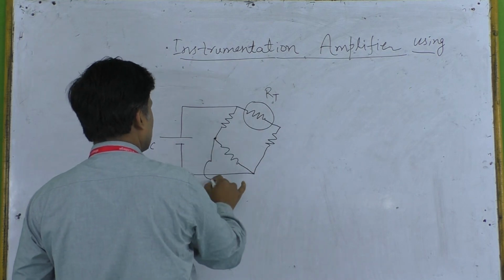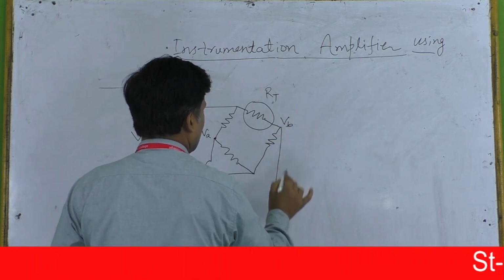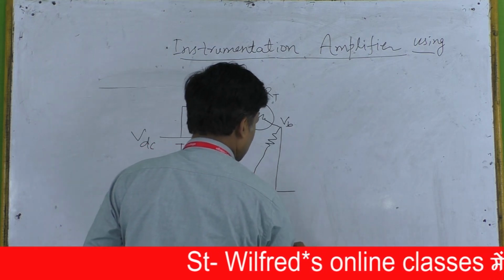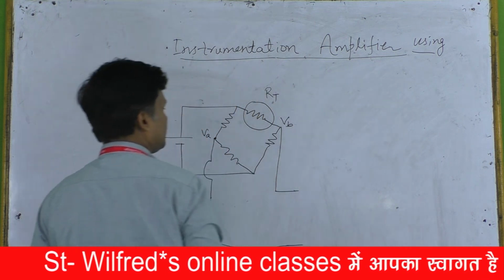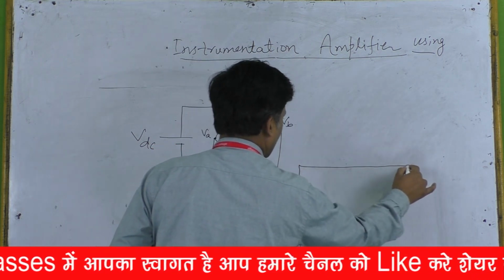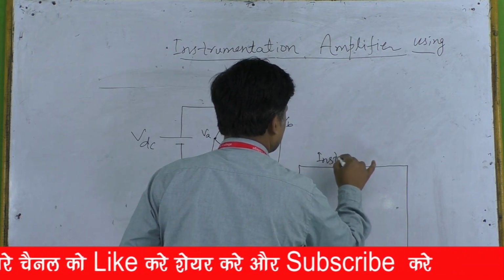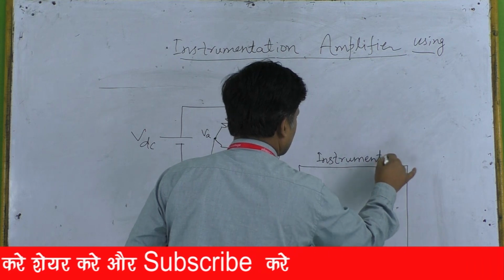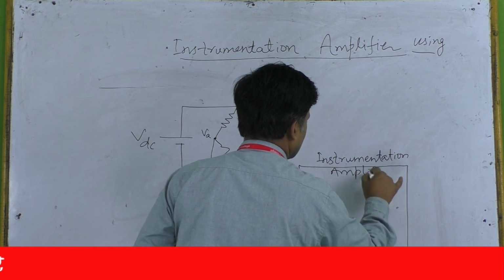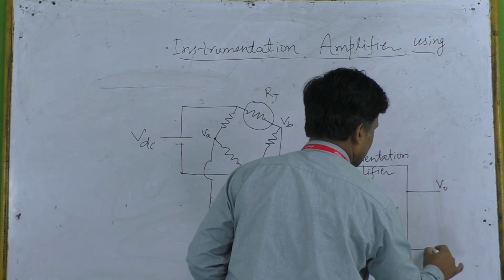Now this node, say VA, and this node, say VB, have been taken out for the input of the instrumentation amplifier. And here is your output with respect to ground.